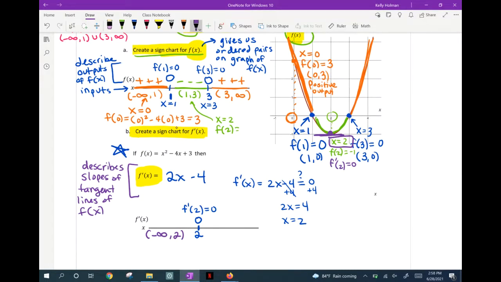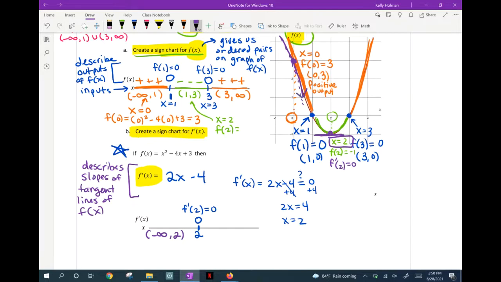So I hear a vote for positive. That means if I picked a point, the tangent line would be pointing up. The function is positive, but what about the tangent line? The tangent line is if you pick a point and draw that line that hits the graph at one point.